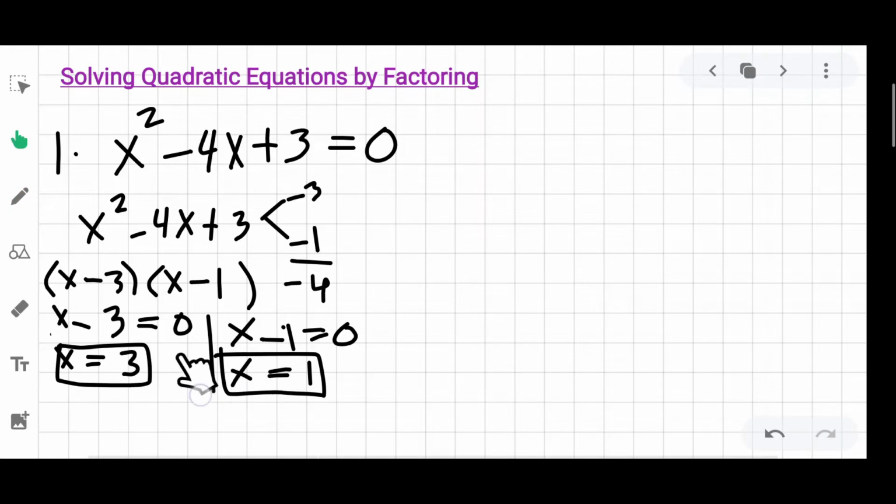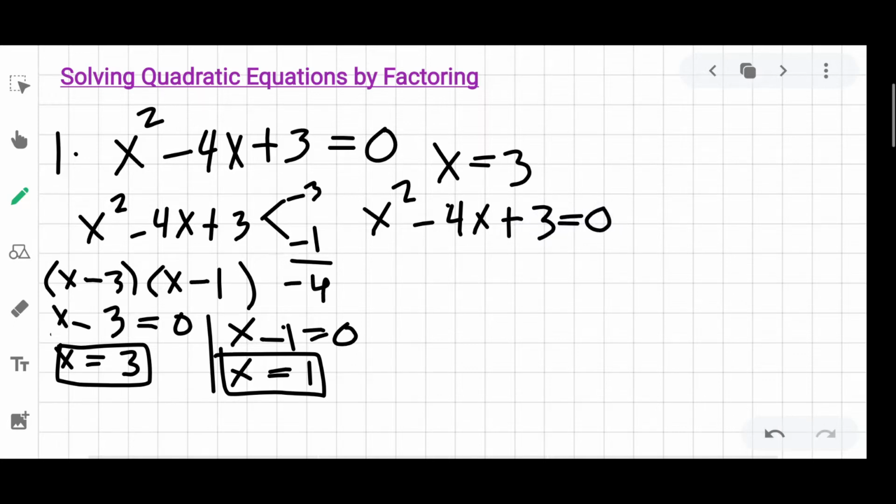Kung gusto mong i-check yung sagot natin kung tama ba, gagawin lang natin is check muna natin kung tama ba ang x equals 3. So, para ma-check siya, we just have to copy the original equation, itong tanong kanina, which is x squared minus 4x plus 3 equals 0.